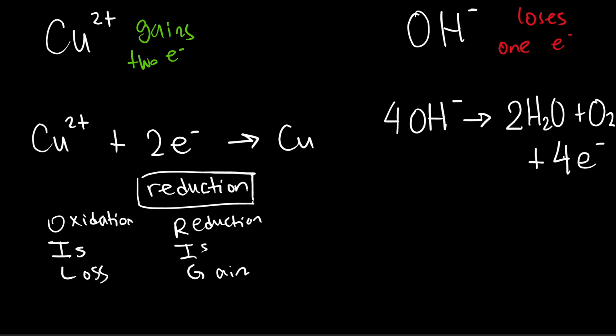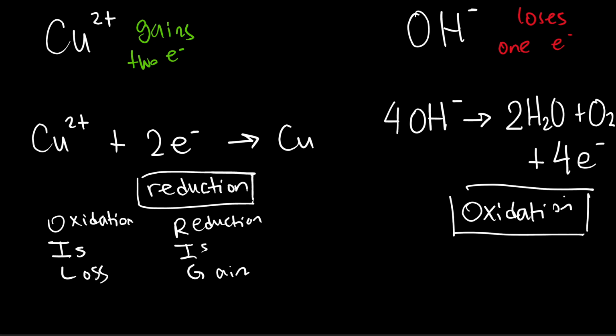It's depositing 4 electrons. So 4 of these deposit 4 electrons, obviously, right? Oxidation is loss of electrons. It has lost 4 electrons, so it's an oxidation reaction. That is basically everything you need to know.